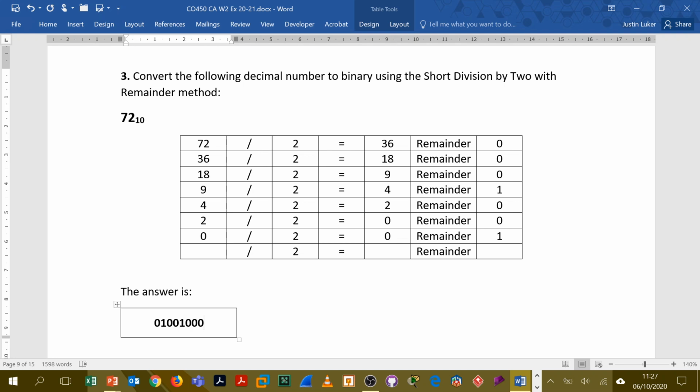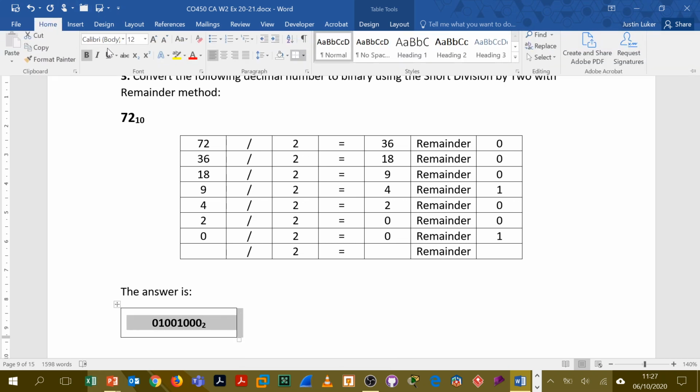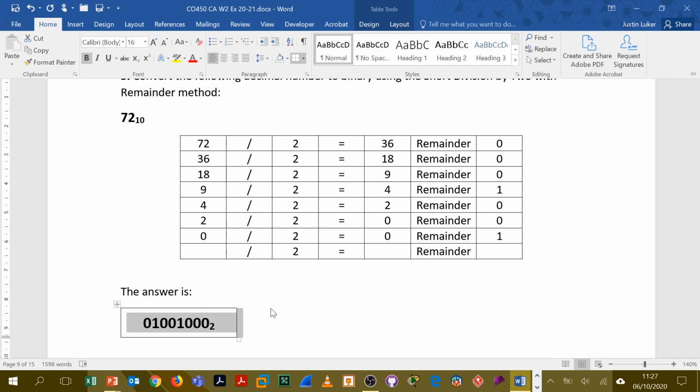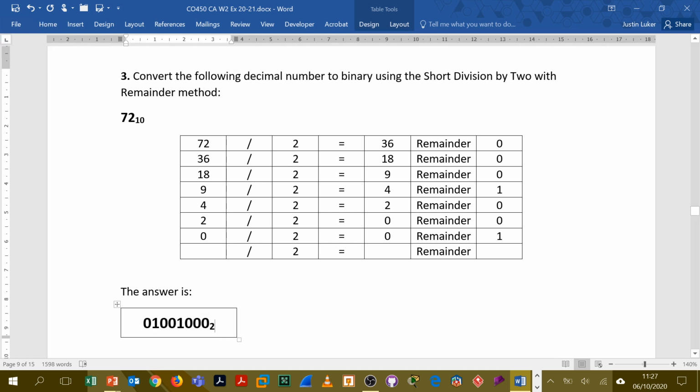So that's our binary. So 72 should end up being 01001000.